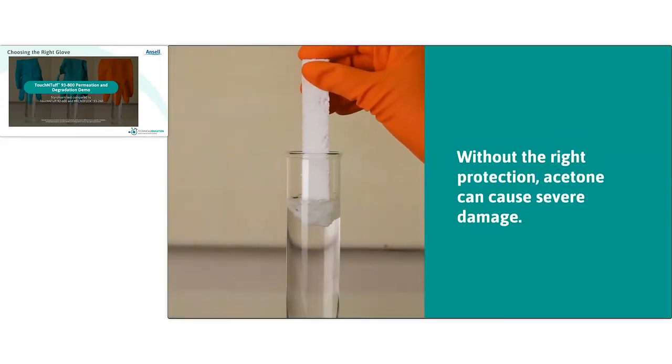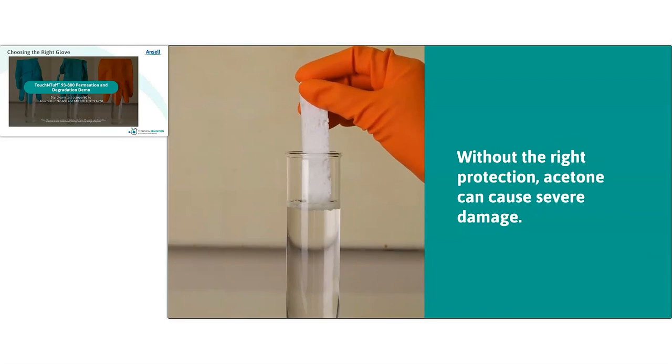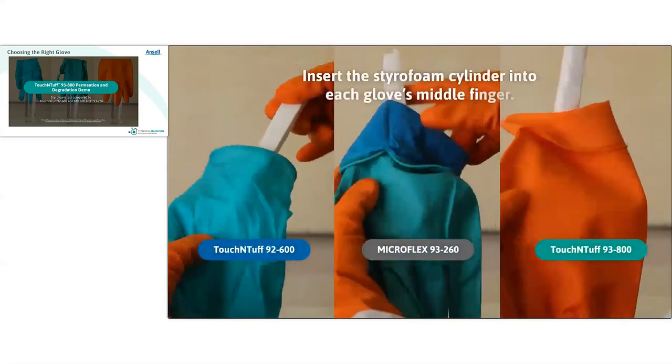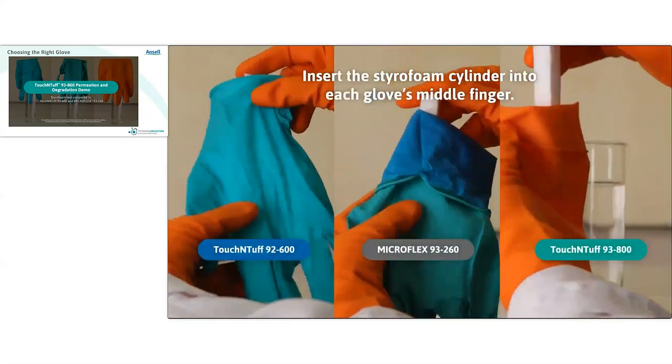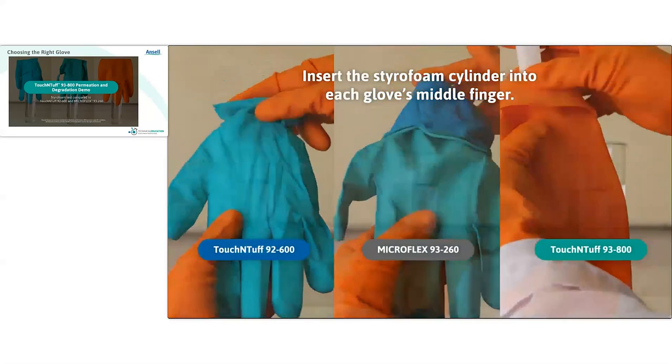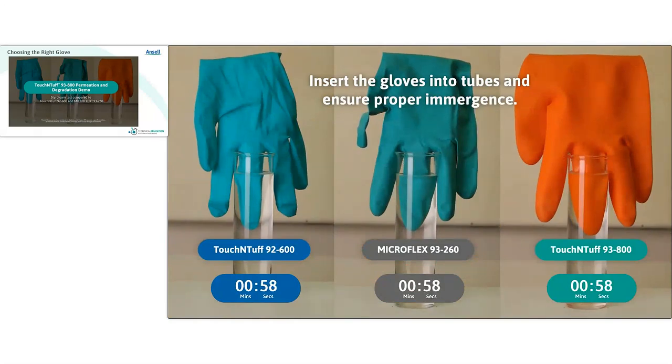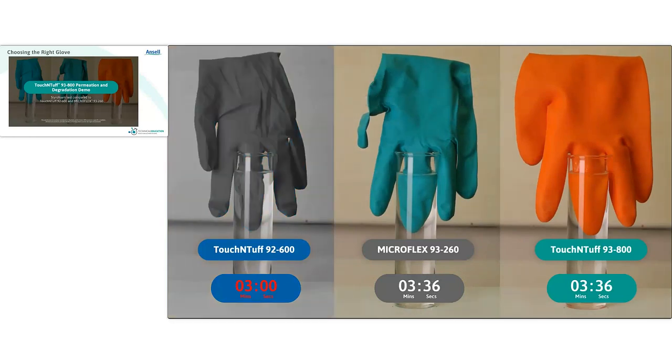So here you see the effect of acetone on styrofoam. It's completely degraded. It has disappeared, by the way. So we put styrofoam in each glove, of course, using the area of the finger, and we immersed it in acetone. After 3 minutes, we remove the styrofoam from the two other gloves.